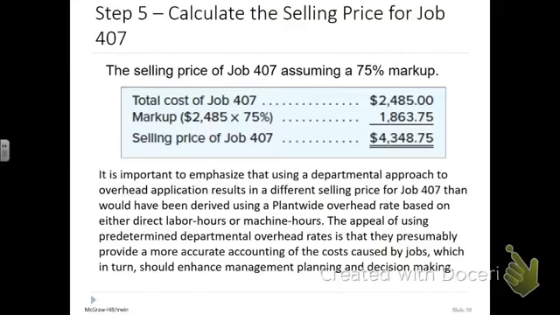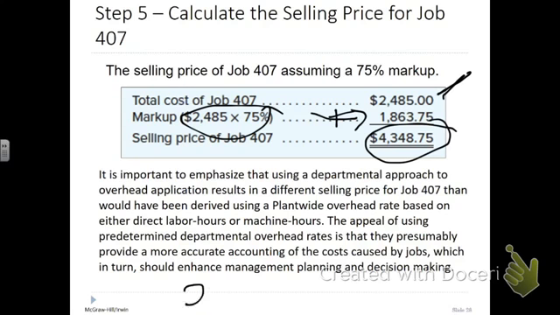Now notice the selling price of the job. In this particular case, they assume a 75% markup, and that would not at all be unheard of. And so notice what happens. They take the total cost, multiply it by 75%, and add that together to come up with the total price for the product. Another way to get there is to take the 2,485 times 1.75.